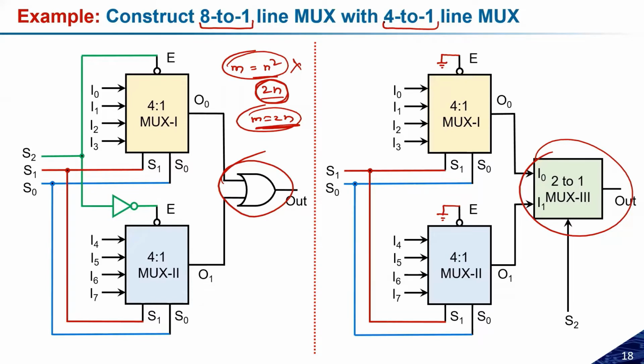There could be answers like yes, no, not possible. So you have to say no, you need some additional gates. Maybe the question may be what other gates are required other than the 4:1 mux to design 8:1 mux. It may be given AND gate, OR gate, XOR gate, something like that. So you have to pick the OR gate. These kinds of questions are possible here.